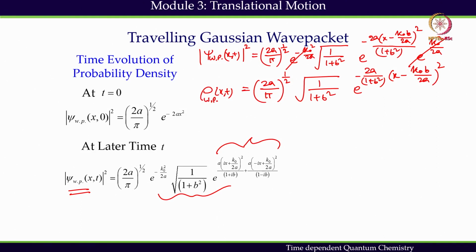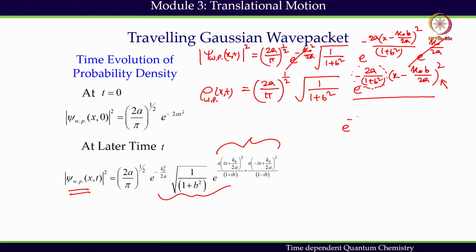And one thing I would like to note: in this expression, the initial part is constant, and then you have x squared. So basically what I have right now is the Wavepacket which has a Gaussian shape again, but there is a difference.